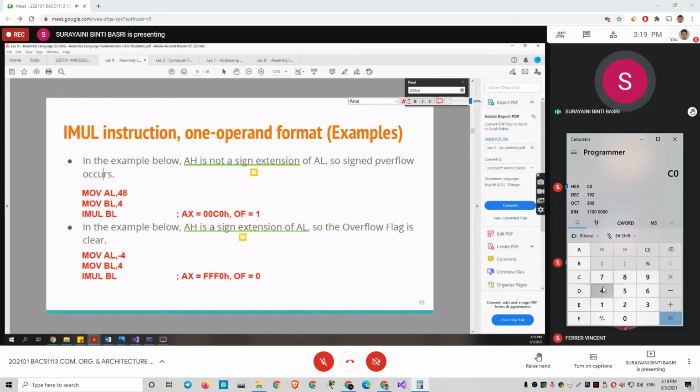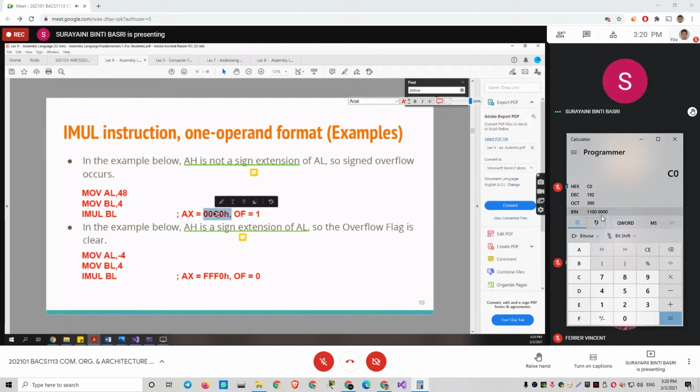When sign overflow occurs, meaning your OF flag, in our registers there is a register for flags. If you remember last time, they are not overflow, they are a register that stores a flag, either carry or overflow.